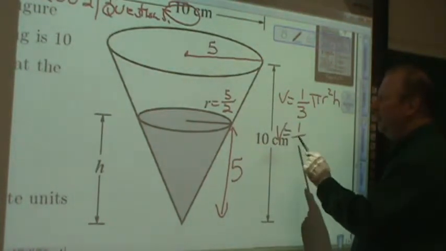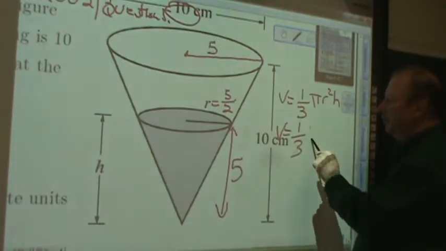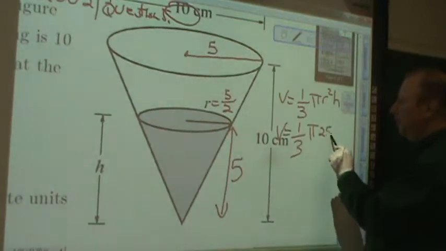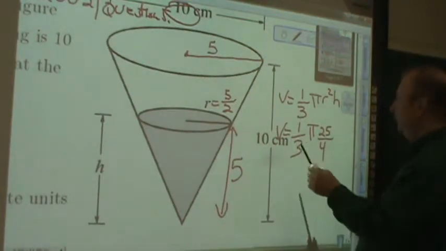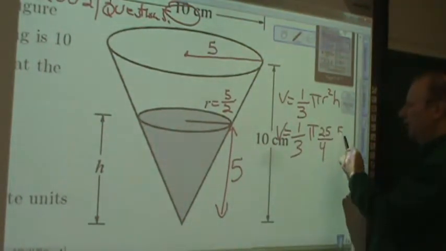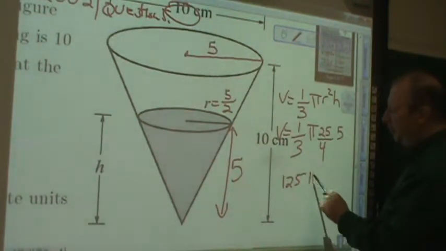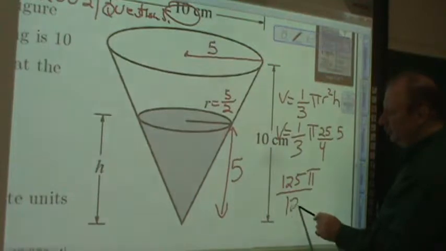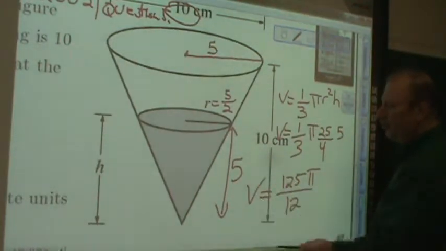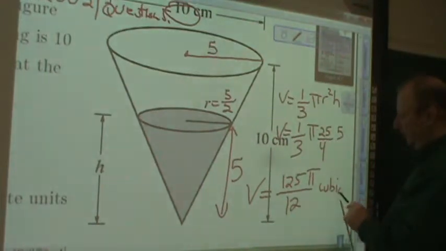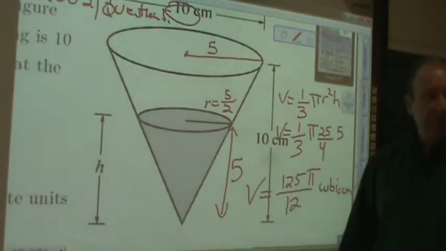Volume equals 1/3 pi r squared, 25 over 4, times the height, which is 5. So 125 pi over 12 is your volume, in cubic centimeters. That's it. We're finished.